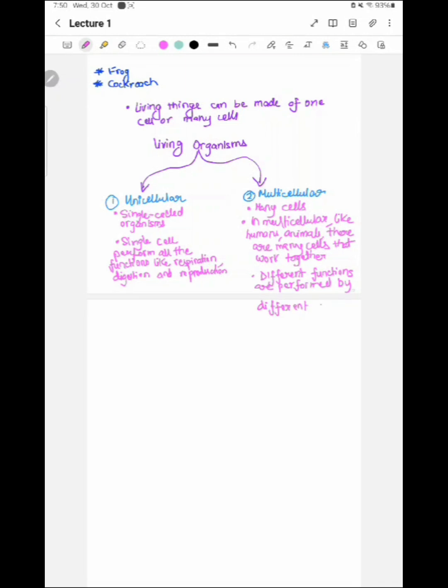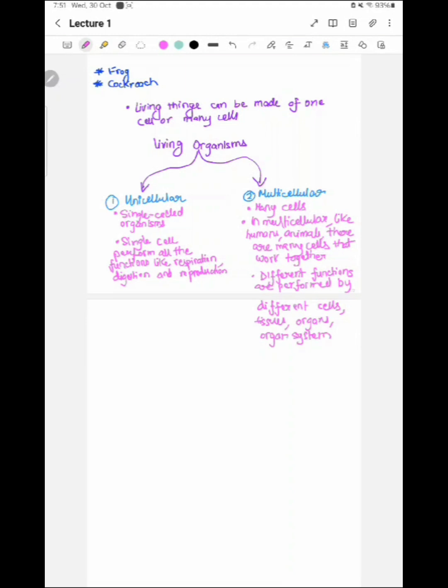Different cells perform different functions, different tissues perform different functions, different organs perform different functions in our body, organ system performs different functions.